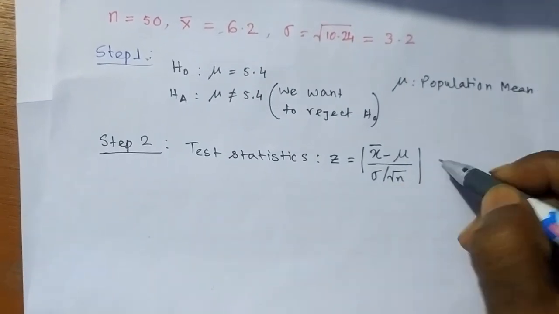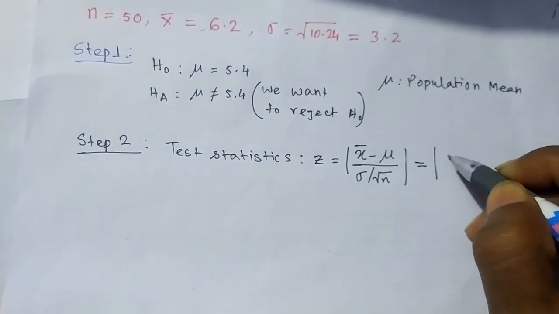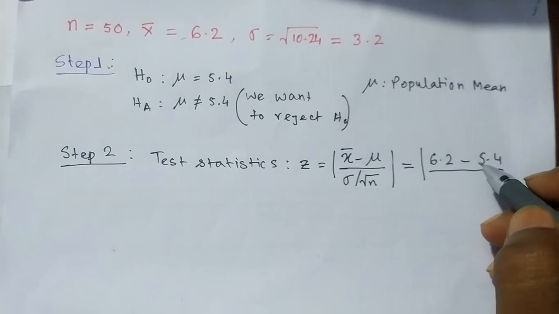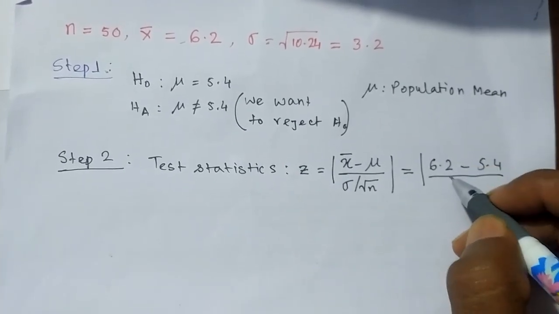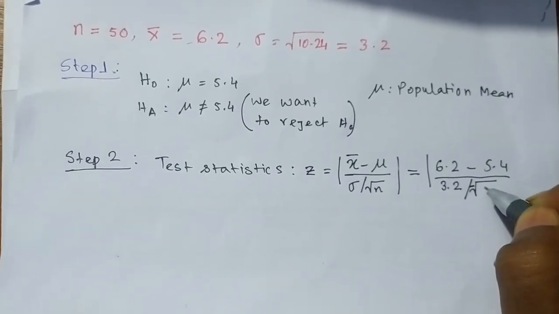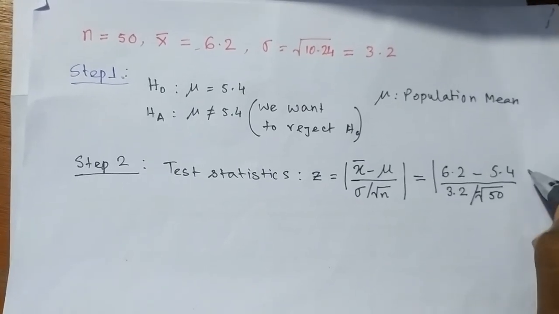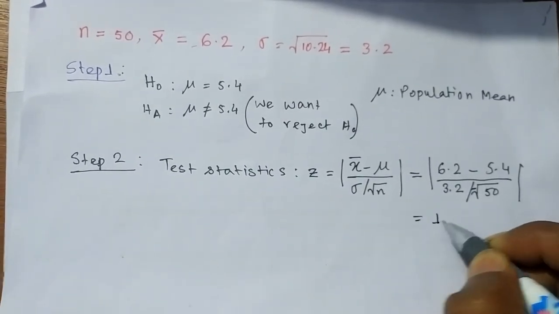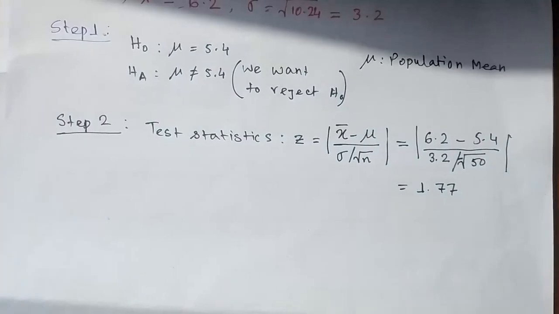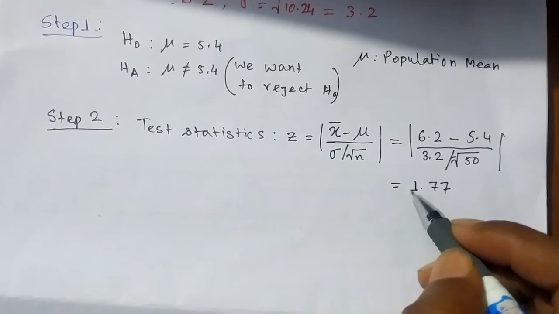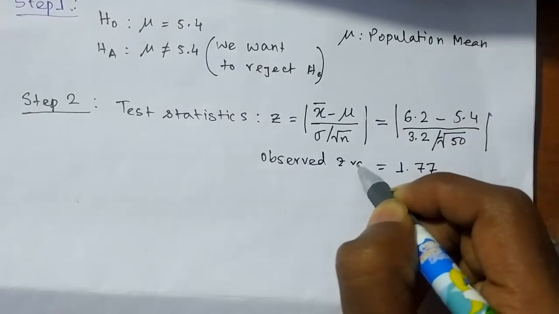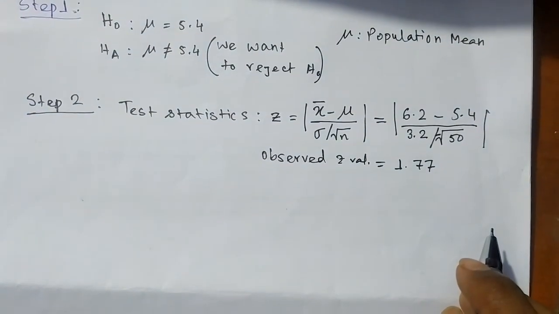If I put the values here: 6.2, x bar, minus 5.4, my population mean, divided by sigma, the square root of 10.24, that is 3.2, by root over n, that is 50. If you calculate this value, it will be 1.77. So this is my step 2, my observed value of Z. Observed Z value is equal to 1.77.